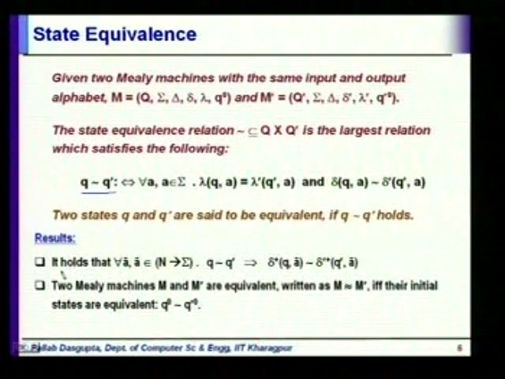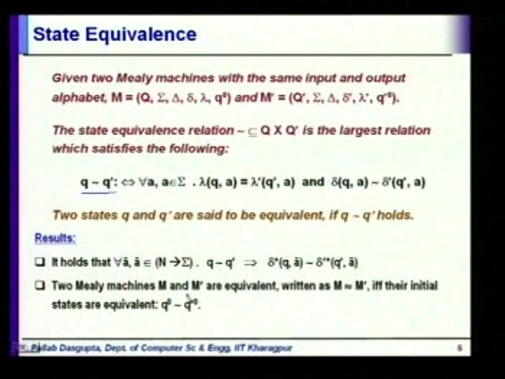So, it holds that for all input sequences A, q and q dash being equivalent implies that delta star q A is equivalent to delta dash star q dash A. All right. So, this also says that the state that you reach at the end of this sequence is equivalent to the state that you reach here, and the outputs that are produced along the way, which is given by lambda star, will also be the same.